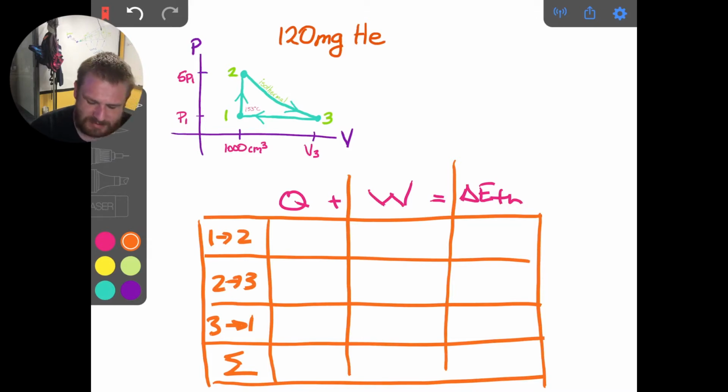Great, so this is the first law table that we want to complete. We want to calculate or determine what the Q and the W and the delta E thermal is for each of these processes as we go around our cycle. Now, so let's go ahead and do that. And I have a strategy that I would like to outline for completing these. And so it's a multi-step process.